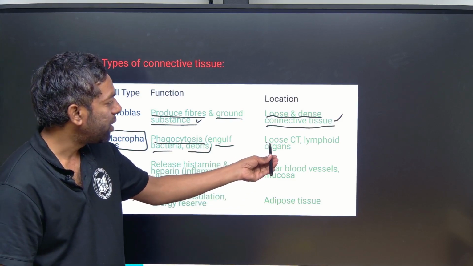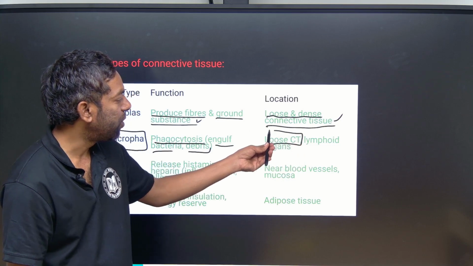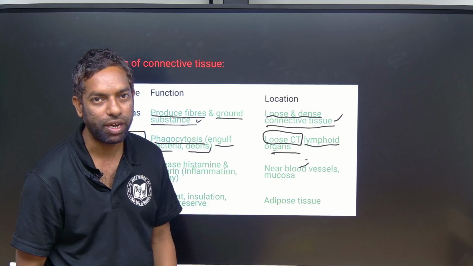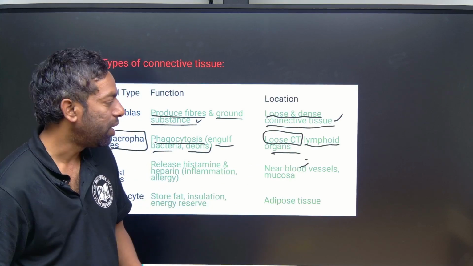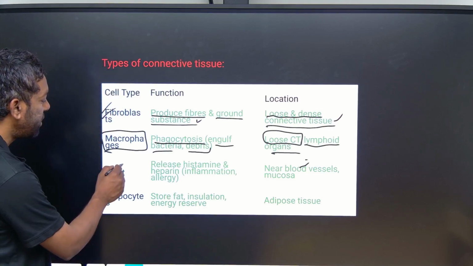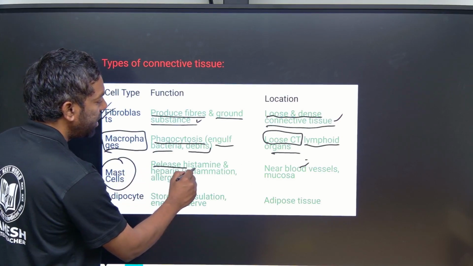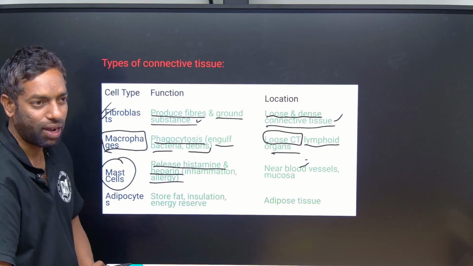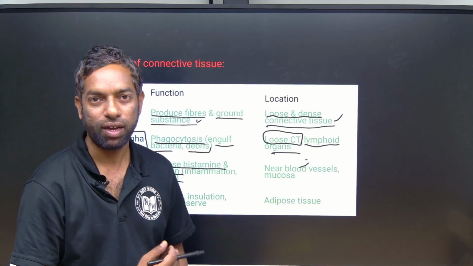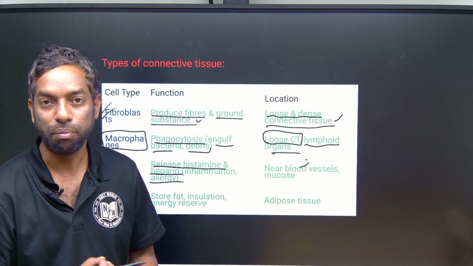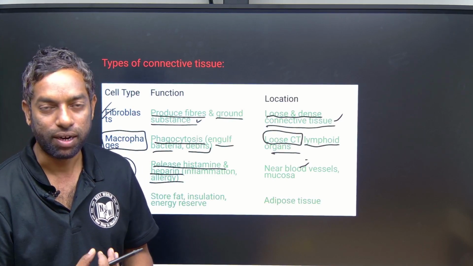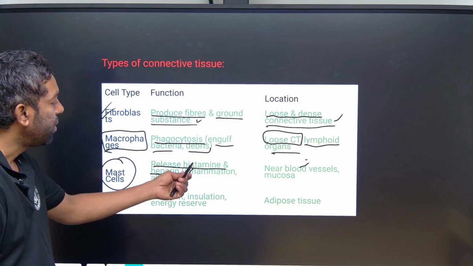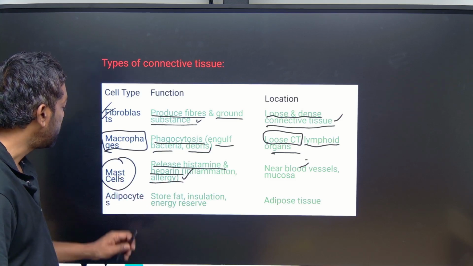They are located in loose connective tissue and lymphoid organs, involved in immunity. Mast cells release histamine and heparin in allergy: when any bacteria or foreign particle enters, they create allergic symptoms by releasing histamine.